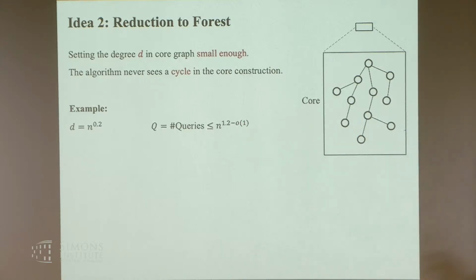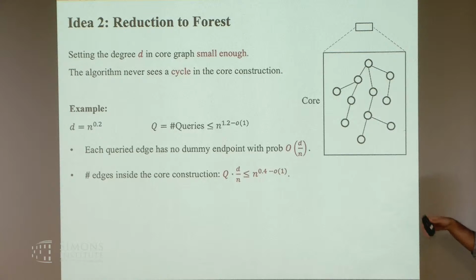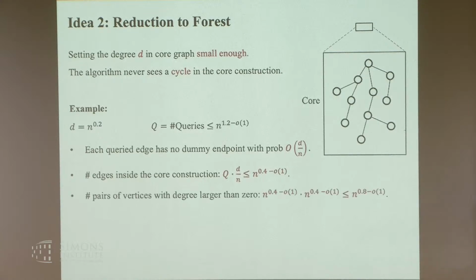Suppose that the degree inside the core construction is n to 0.2, and the number of queries is n to 1.2. Assume that the graph inside the core construction is somehow random. Each query that the algorithm makes has no dummy endpoint with probability d over n. So if the algorithm makes q queries, the number of edges that the algorithm will see inside the core construction is bounded by n to 0.4 minus o(1).